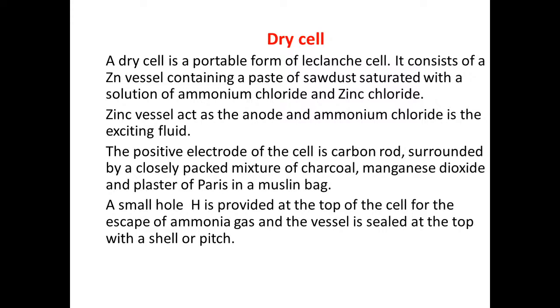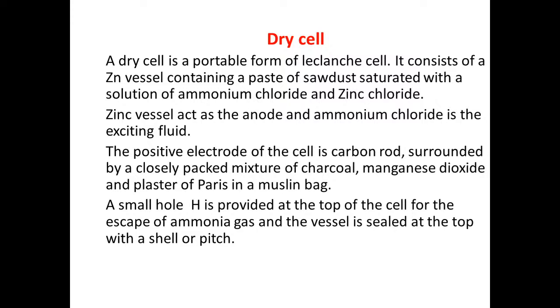So dry cell. A dry cell is a portable form of Leclanché cell. It consists of a zinc vessel containing a paste of sawdust saturated with a solution of ammonium chloride and zinc chloride.